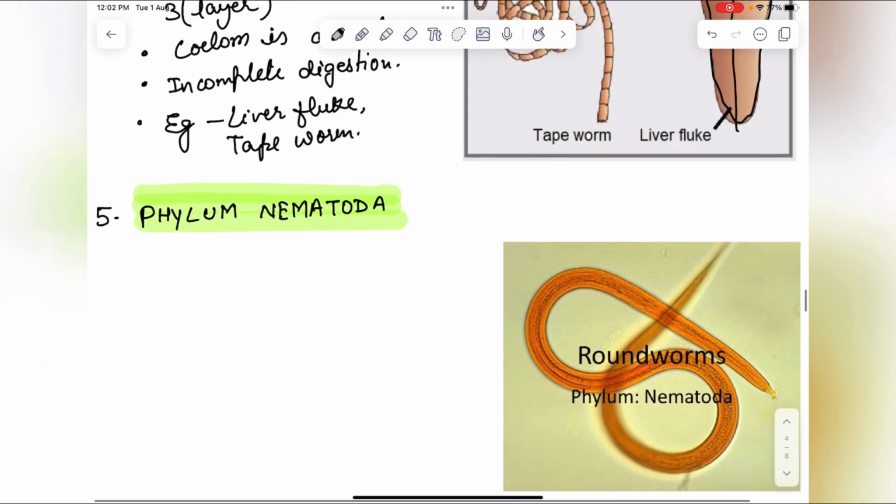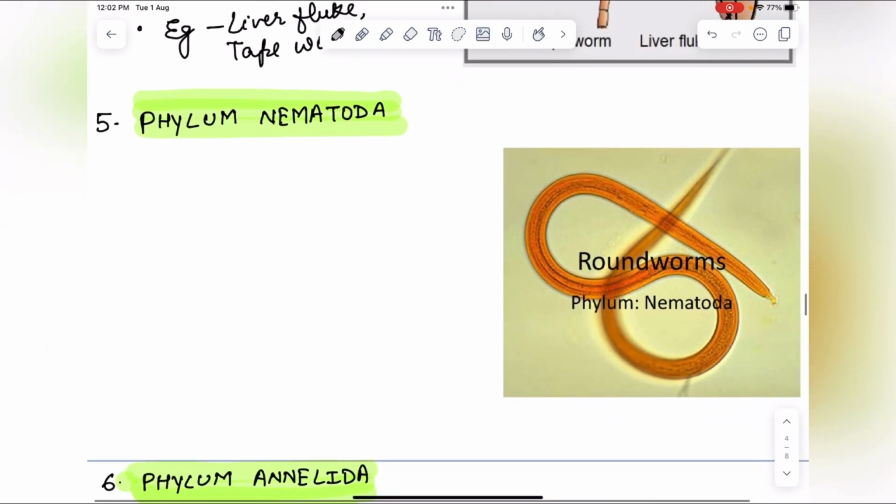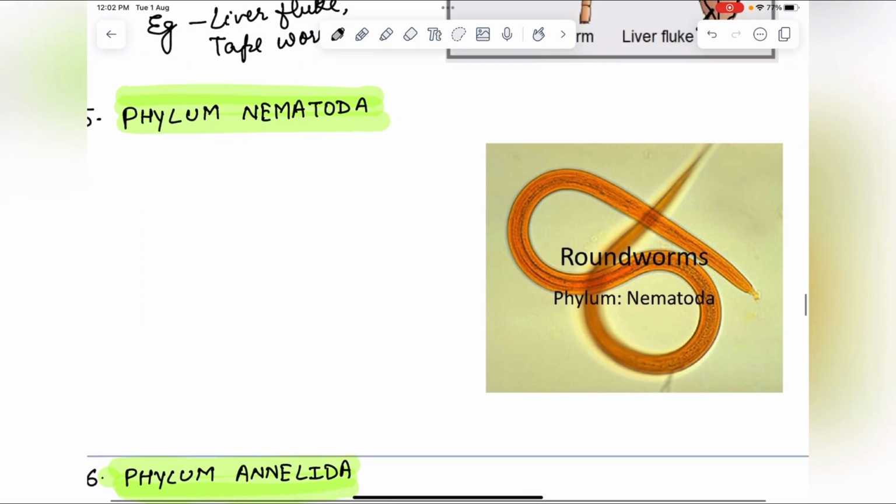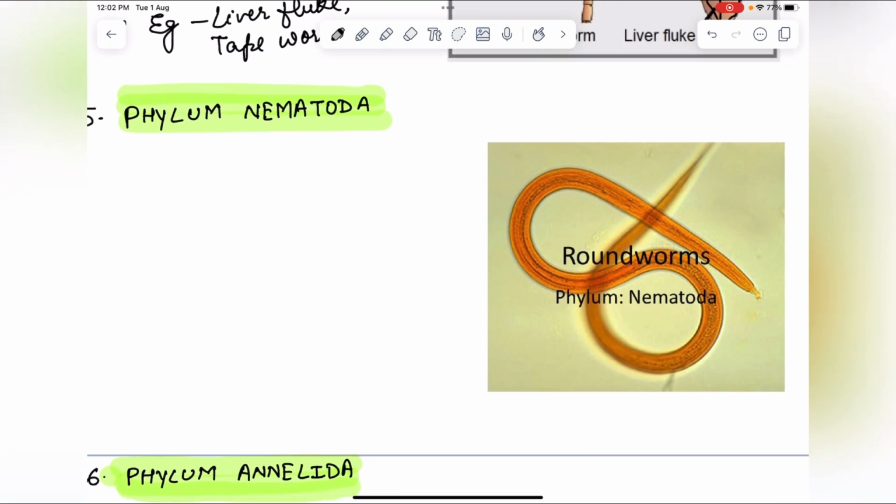Next phylum is phylum Nematoda. They are parasitic worms causing disease. Parasitic means they live in the intestine of humans or animals and they cause disease.